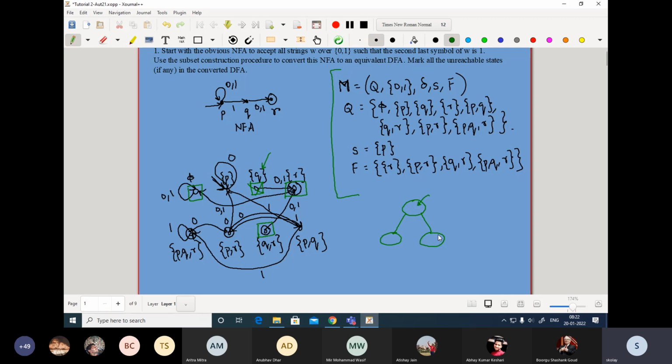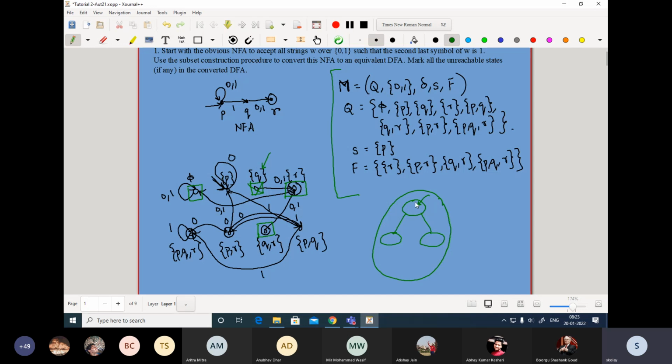Do you know this? Can you repeat the statement? So I'm saying, if I give you a directed graph, it need not be connected. I can think of it as a directed forest where each component of the directed forest is a directed tree.